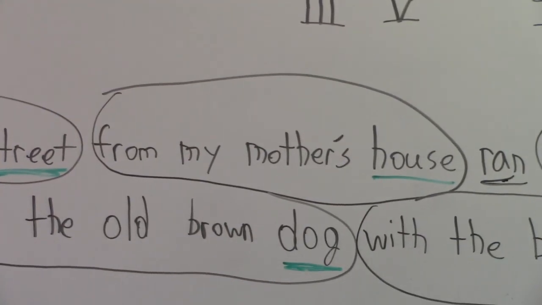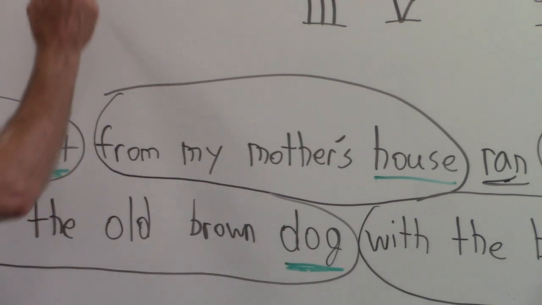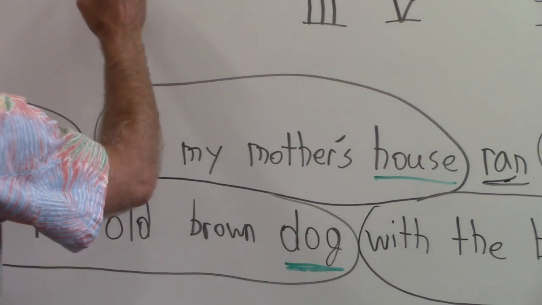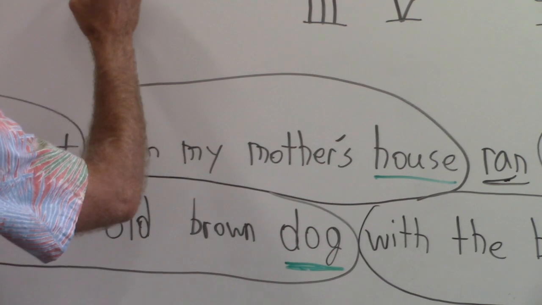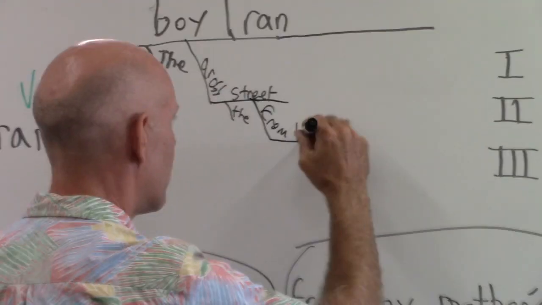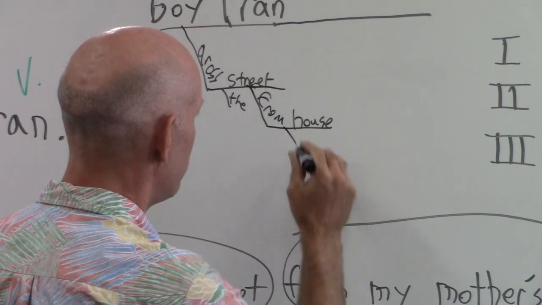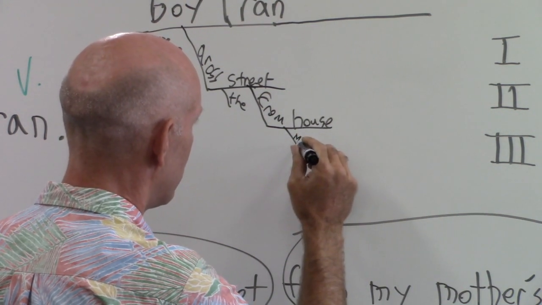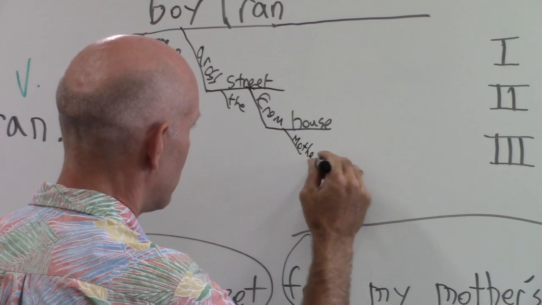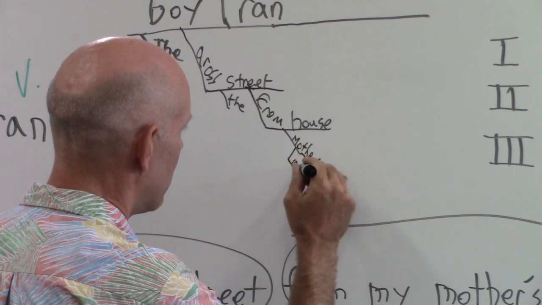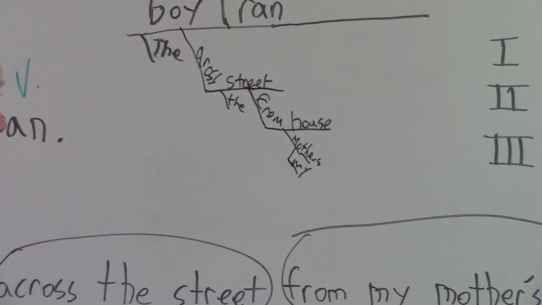Or is it modifying the street? Which street? Okay. And whose house is it? It's your mom's house. My mother's house.